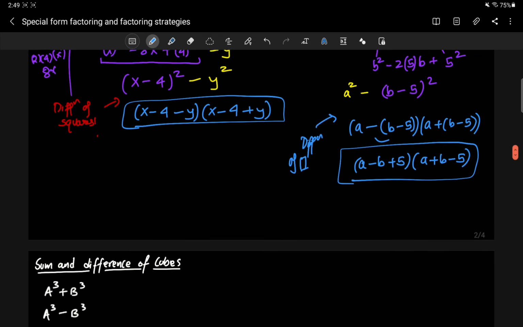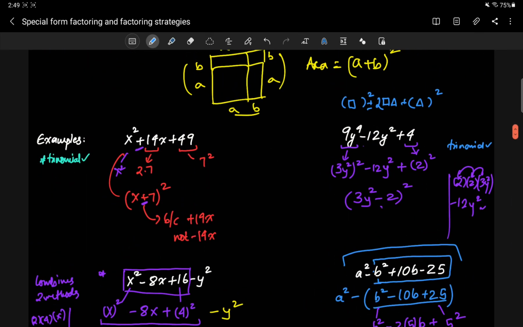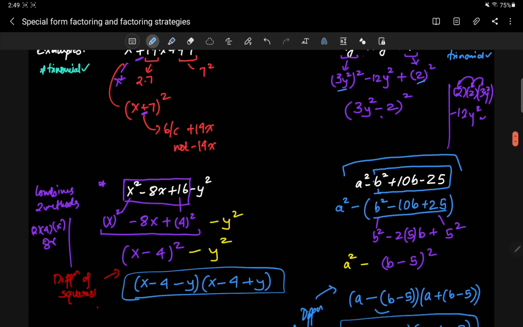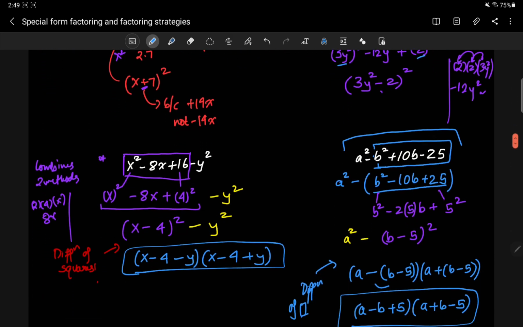Okay, so you can have a very basic example, and you can have slightly complicated ones where you just need to remember the squares and the pattern that 2 times the product of these things is the third term. And then lastly, you have these forms where you cannot use any other method because there's x and y terms and the y is by itself, or there's a and b terms and the a is by itself.